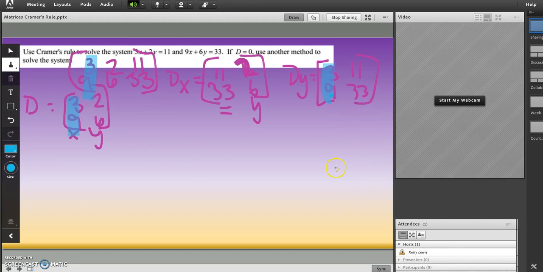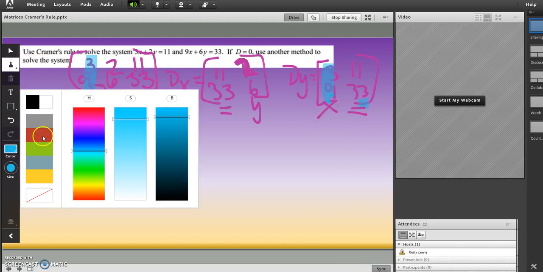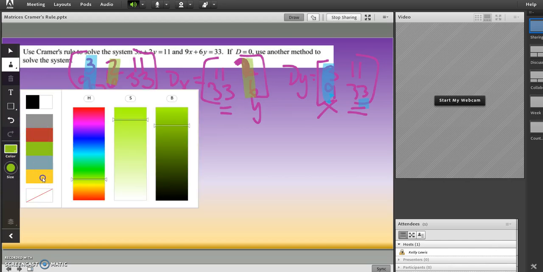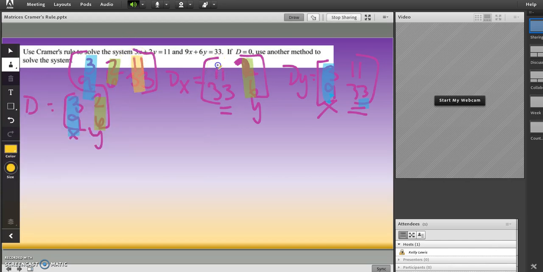This is the equal. This is the equal. This is the x. There we go. Right, the y is right here. And then the equal sign is here. Right, so hopefully that helps you.